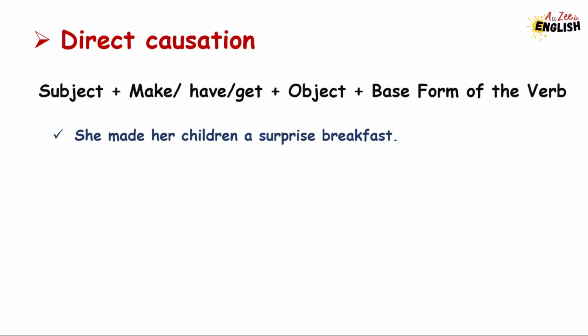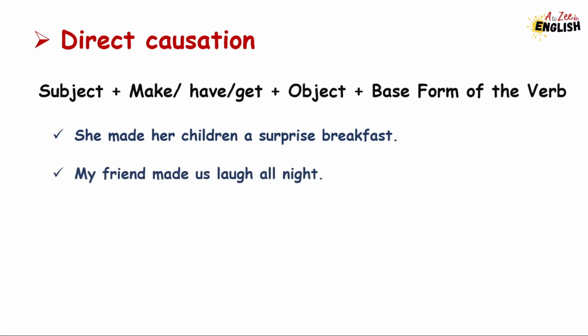So in this context, the causative verb made indicates that the subject, she, took the action of preparing or organizing a surprise breakfast. The object of this sentence, her children, is the recipient of this action. The base form of the verb breakfast specifies the nature of the action, emphasizing that the surprise was in the form of a morning meal.